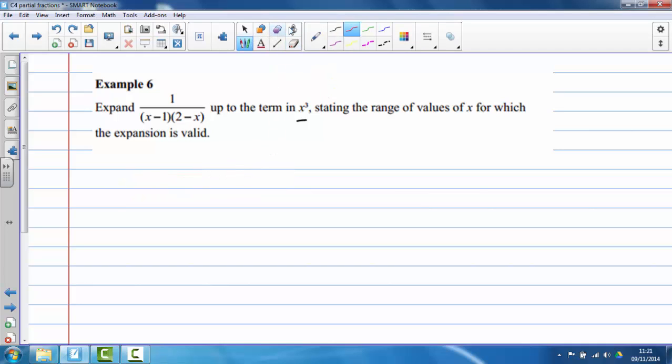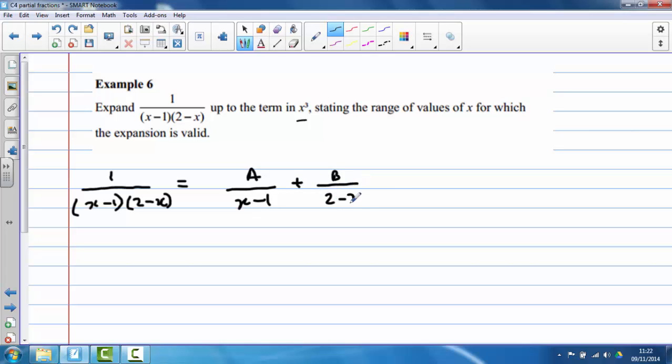And so if we were to take this case, let's just write it out as a partial fraction first. So 1 over (x minus 1)(2 minus x) is simply a over (x minus 1) plus b over (2 minus x).